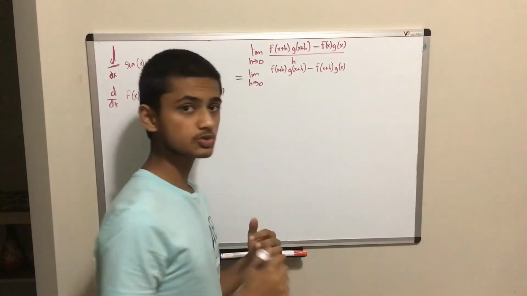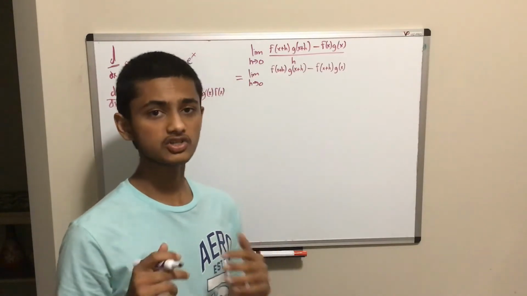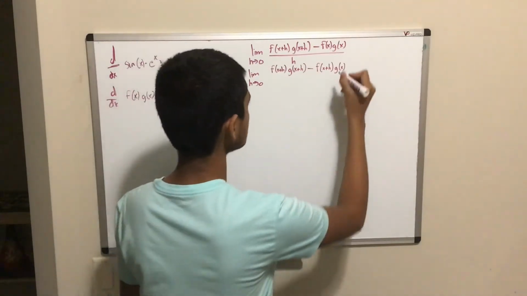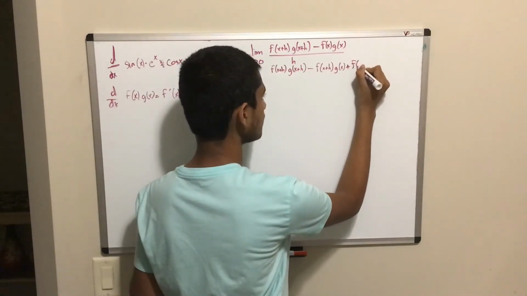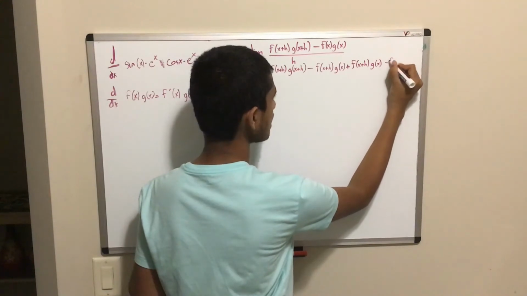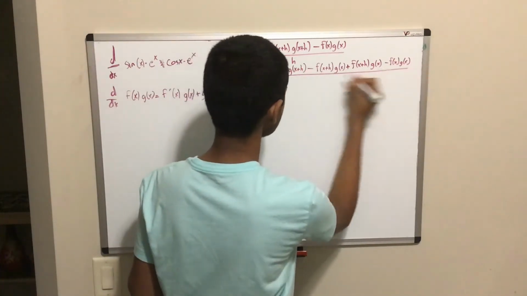And then obviously, since we're subtracting something that's not part of this function, we need to add it back on just so that we make sure that we're basically adding 0 and keeping the function the same. So what we're going to do is add f of x plus h times g of x and then minus f of x g of x. And all of this is divided by h.